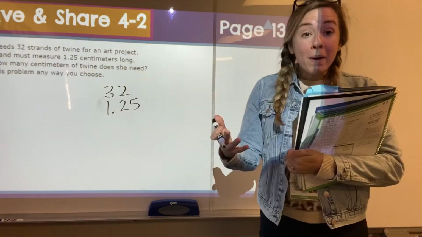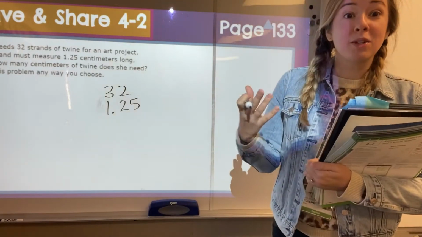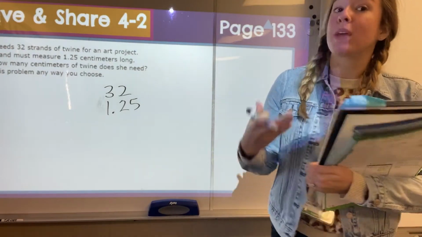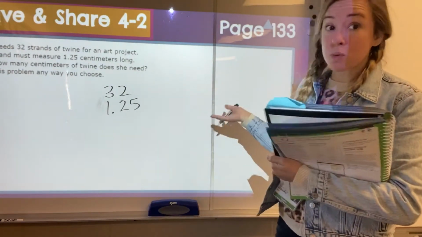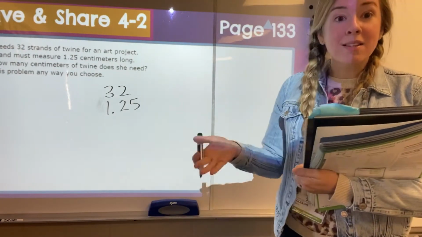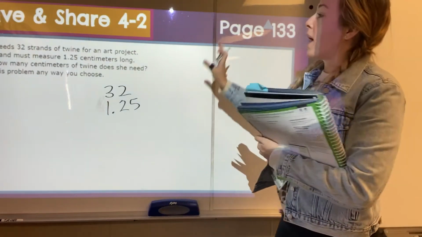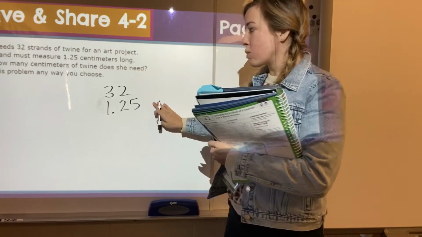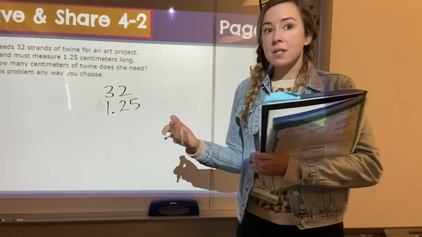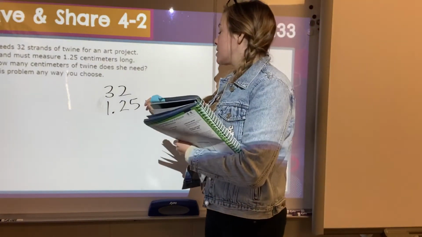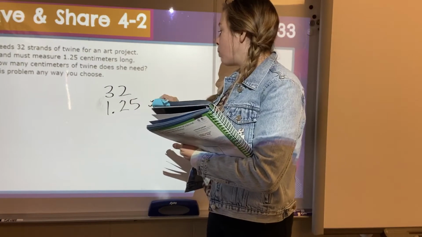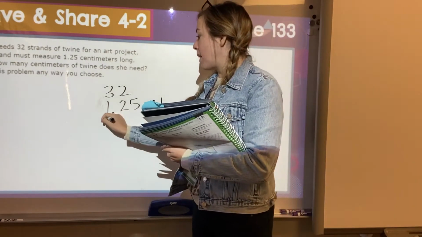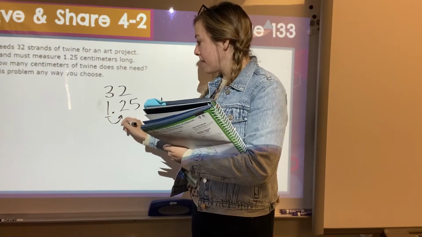Now, what we know about rounding is sometimes you can round in different ways. So the way that you chose to round might not be the first way that I put up here, and that's okay. So she needs 32 strands of twine, and each one is 1 and 2,500. Well, the first thing that my brain did was, okay, if I round this down to 1, because I'm rounding to my whole number, look next door at my 2.